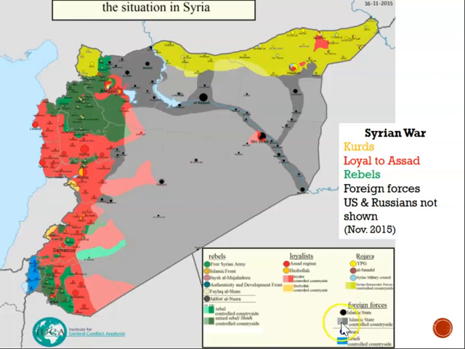The gray is the Islamic State. They claim all this. A lot of this is desert, so there's not a lot there to take over, but there's Palmyra right there. And then all up the valley of the Euphrates River they control. Of course, this has greatly changed today, but this just shows you how complicated it is. You've got people coming in from the outside.